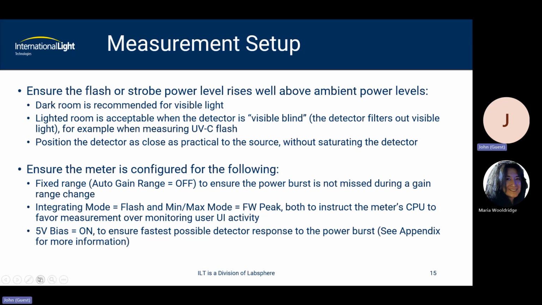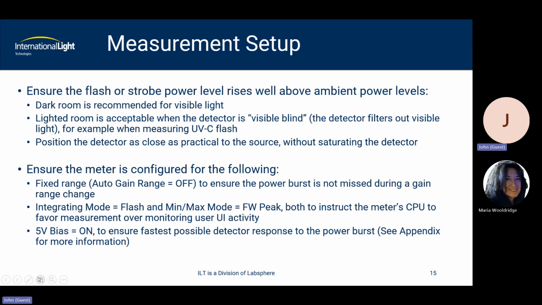We talked earlier about how it's hard to synchronize the start of a randomly occurring flash and the measurement of it. As a result, a lot of the meters use some automatic detection to detect what is a fast rising signal. So the more that flash lives above your ambient levels, the easier it is for a meter to do that.